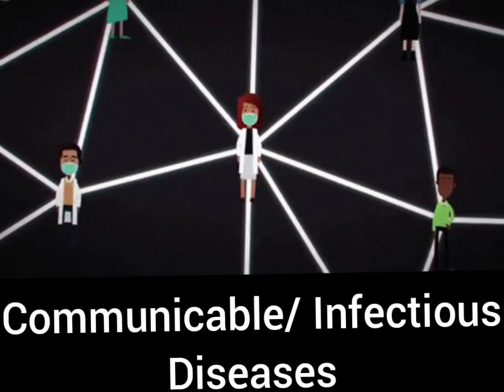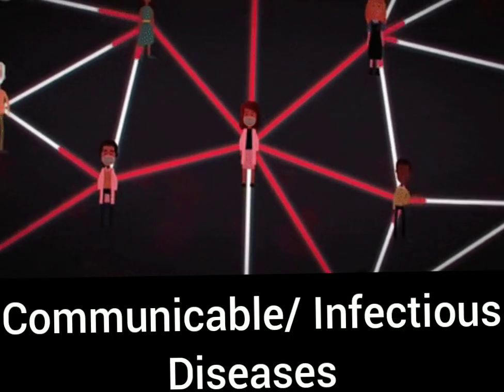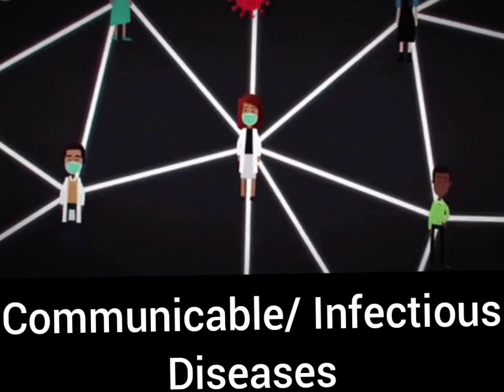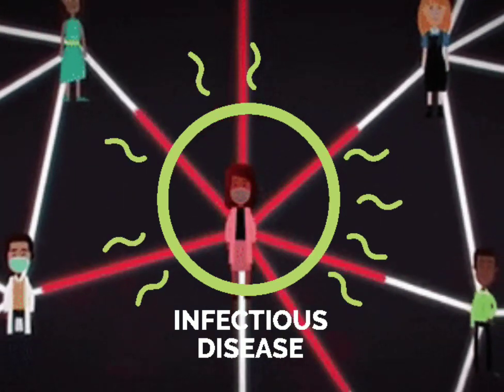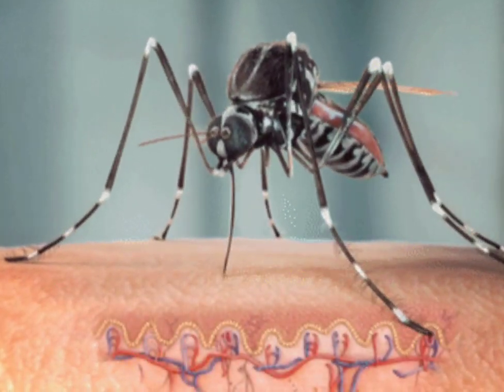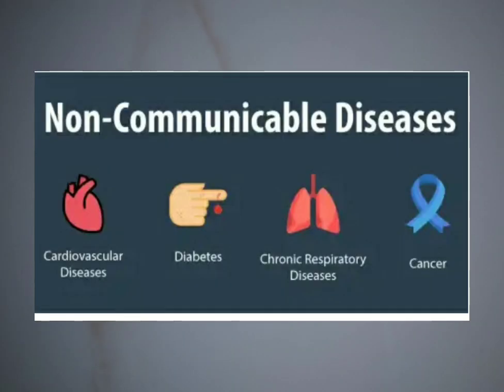The diseases which are transmitted from an infected person to another healthy person, either directly or indirectly, are known as communicable or infectious diseases. Malaria is an example of a communicable disease. The diseases that cannot be transmitted from an infected person to another healthy one, either directly or indirectly, are known as non communicable or non infectious diseases.